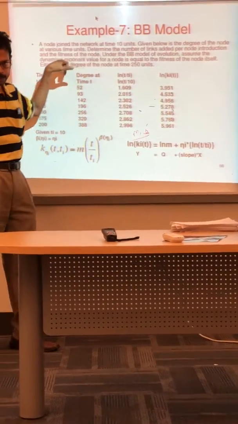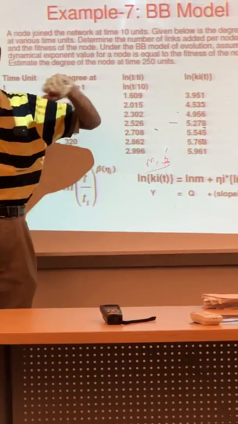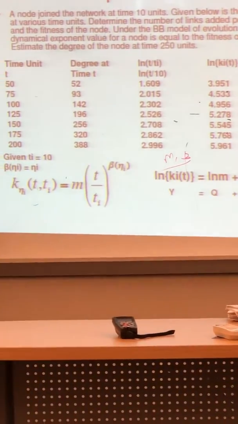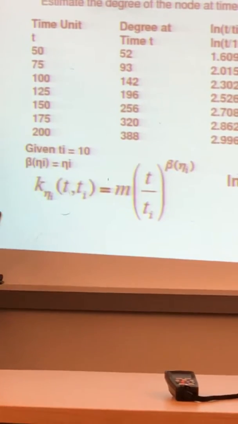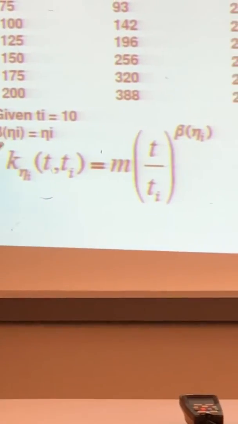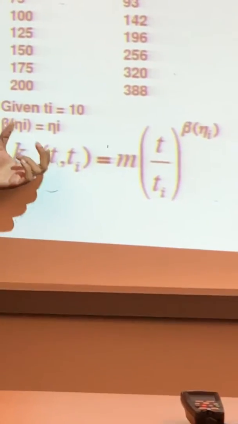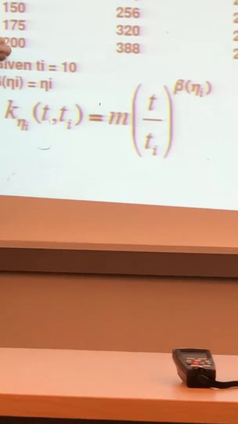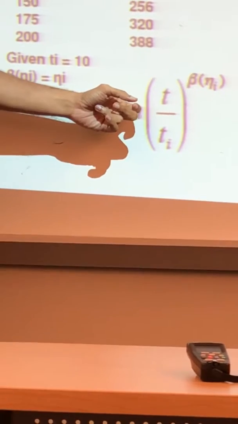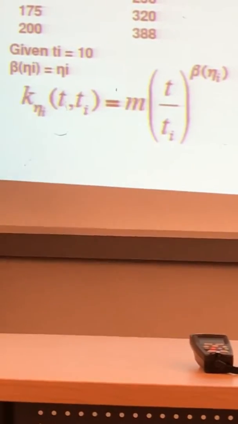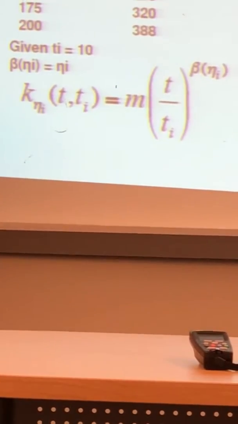So assume the dynamical exponent is the same as the fitness. This is the formula, and we're going to assume this is the same as eta. So what is given here? The degree of the nodes at different t values. And you're also given ti and t. So very similar to the previous problem.